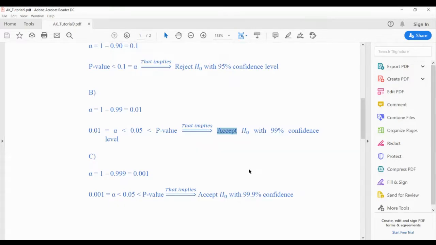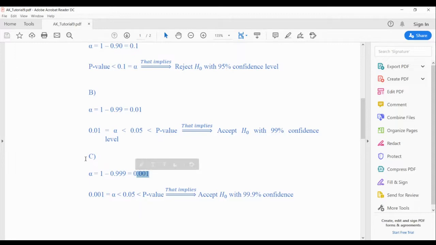This is the whole point of calculating the p-value, because we want to see what is the value that less than that we will reject, or more than that we will accept. So p-value should be less than alpha. What is the biggest value at which we can reject the null hypothesis? This is the whole point of calculating p-value here.